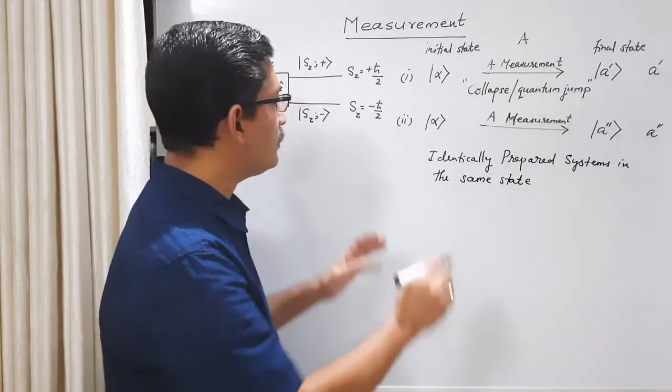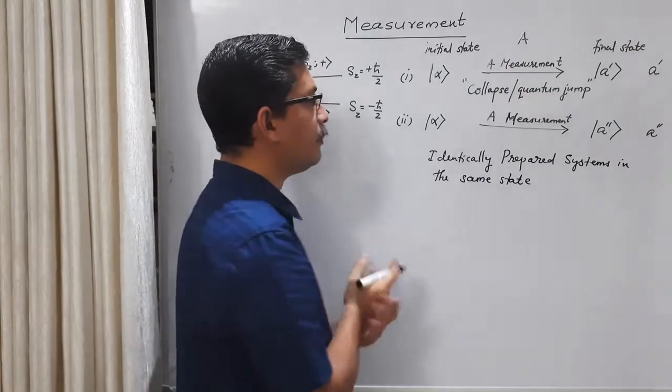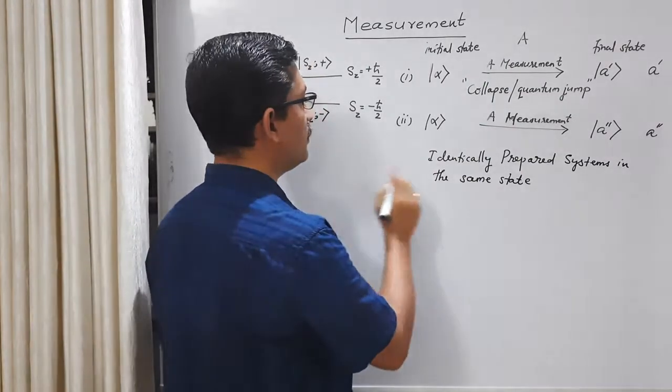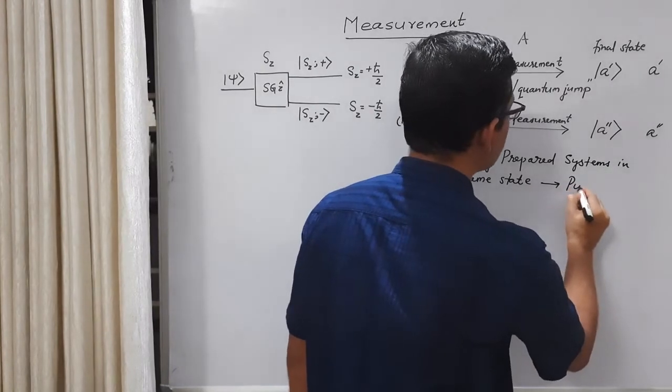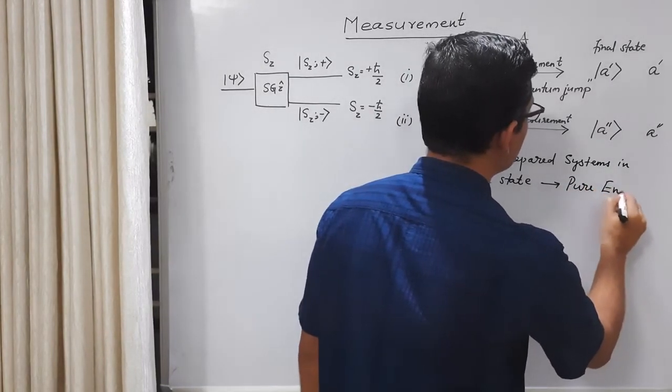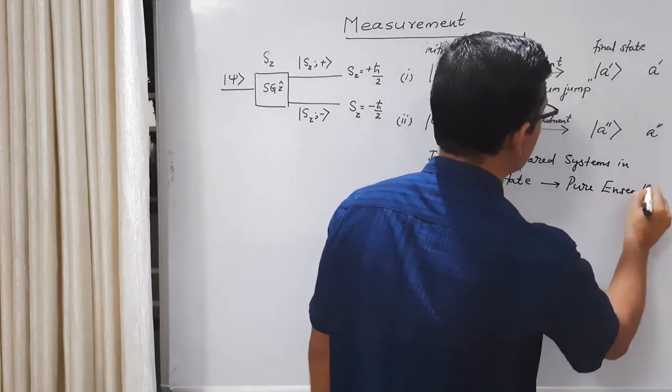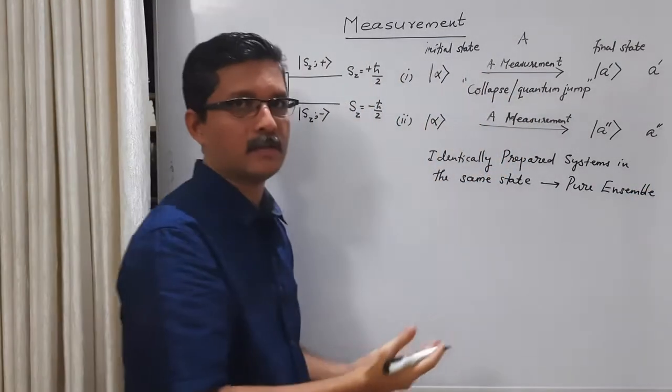Okay, and this collection of identically prepared systems in the same state is called a pure ensemble. Ensemble means collection.